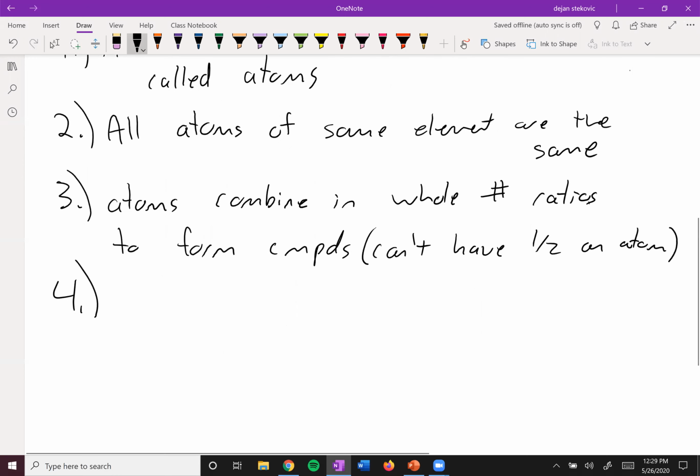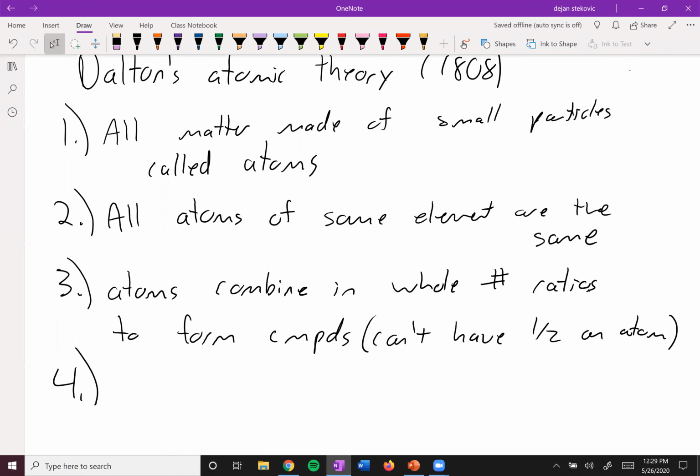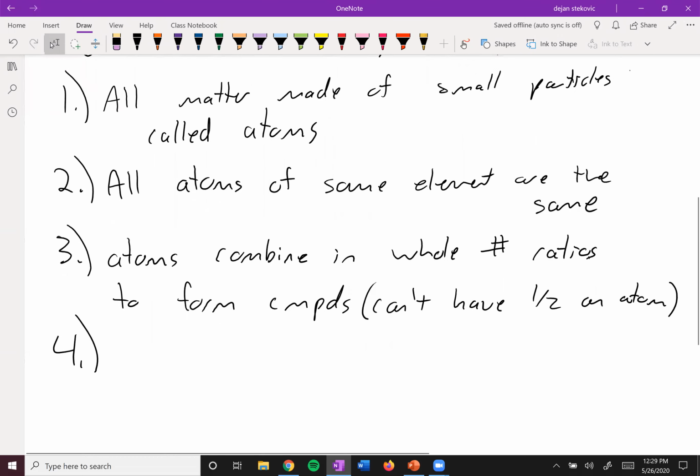And then finally, Dalton said that atoms can't be destroyed, created, or transformed in chemical reactions. We can only change how they are arranged.